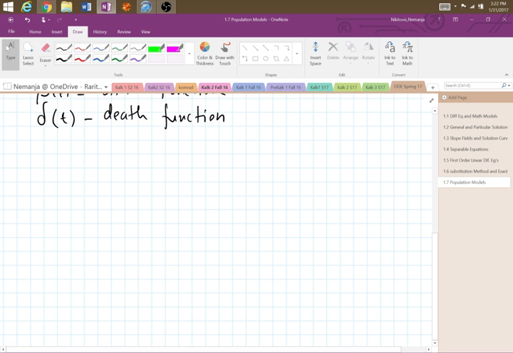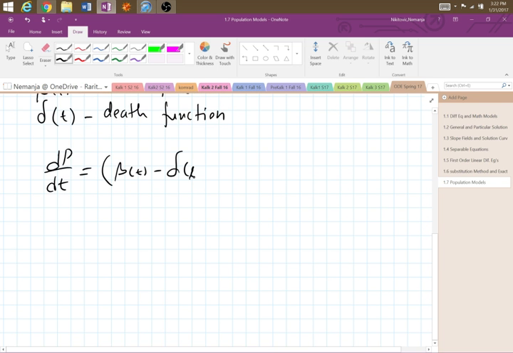So now, the new formulation in terms of English language would be that the change in population is proportional to the difference of the birth and death functions, right? Multiplied into population again. So the change in population over time is equal to birth function minus the death function times p.